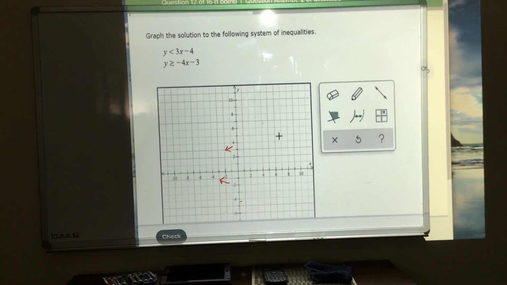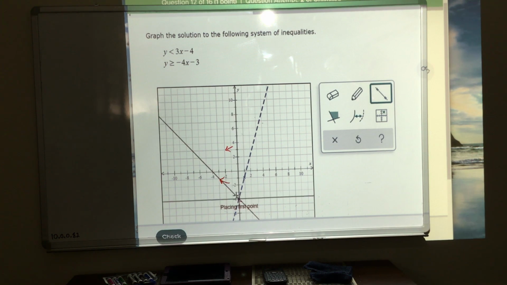Okay. So 3x minus 4, and it's a dashed line. Go to negative 4, count up 3 over 1. It's dashed. I'm not going to worry about shading until I got the other line there too. So negative 4x minus 3.